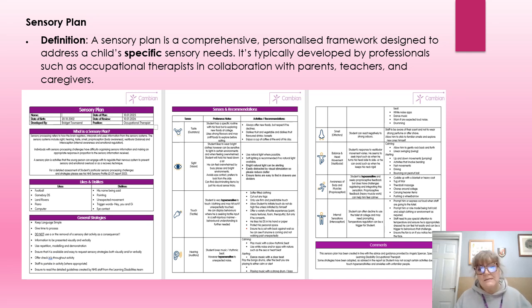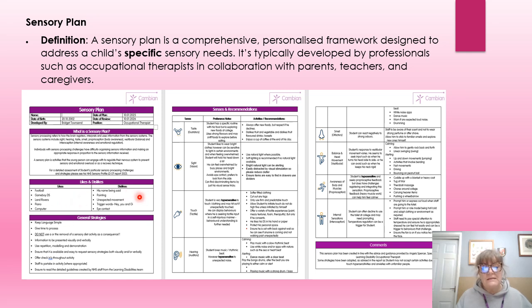So let's have a look at this young person's sensory plan. So it's got here what is a sensory plan, and then underneath that it's got their likes, so things that you can talk about or provide activities around. This young person likes football, piano, you might play some piano music, and likes being on the computer.